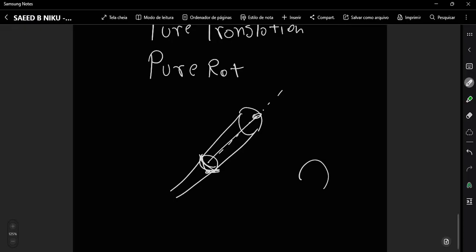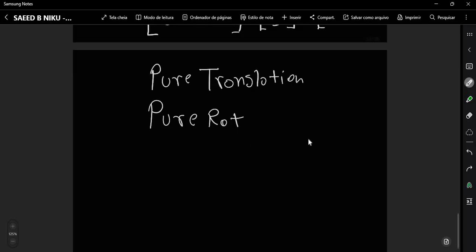And rotation is when we are spinning the rigid body, or a point fixed on the reference system, or a vector. And we have translation together with the rotation, which is the subject that we'll discuss in the next video.